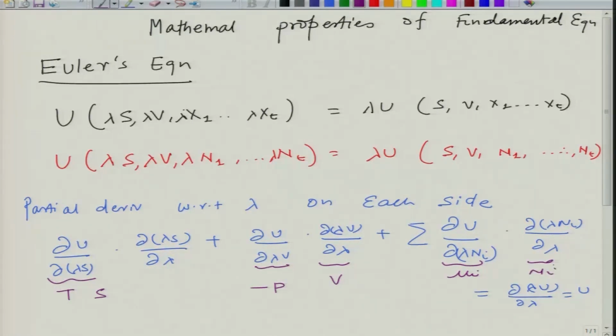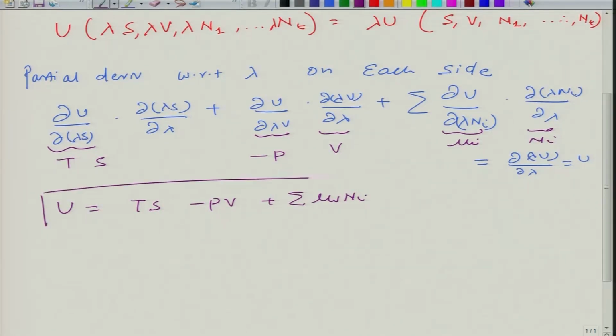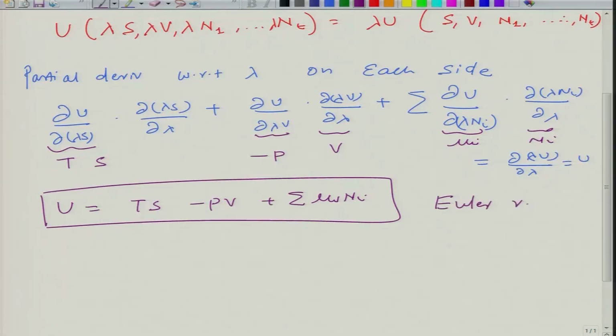So, in that case what you have now is your U, the right hand side, which I brought here, equal to T S minus P V plus summation mu i N i. Okay. So, this is the standard Euler relation. So, we started with the property of the extensivity of the thermodynamic functions, and from there we can obtain the Euler equation.